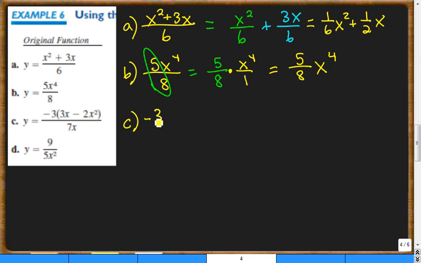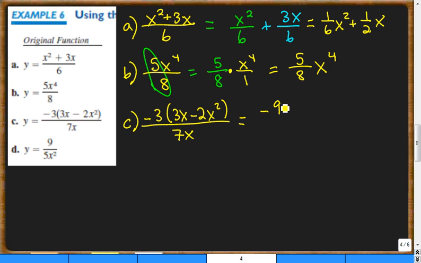C, this one looks a little ugly: negative 3 times 3x minus 2x squared, all over 7x. Just because this has an x in it doesn't mean anything. We just have to simplify and separate things. I'm going to multiply the top out first.